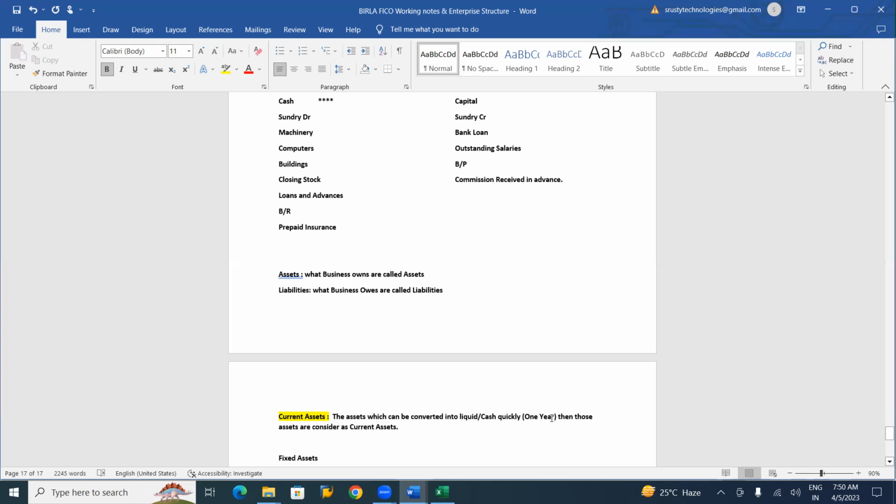Clear? 1 year in the sense the assets which can be converted into cash from preparation of one balance sheet to preparation of another balance sheet.